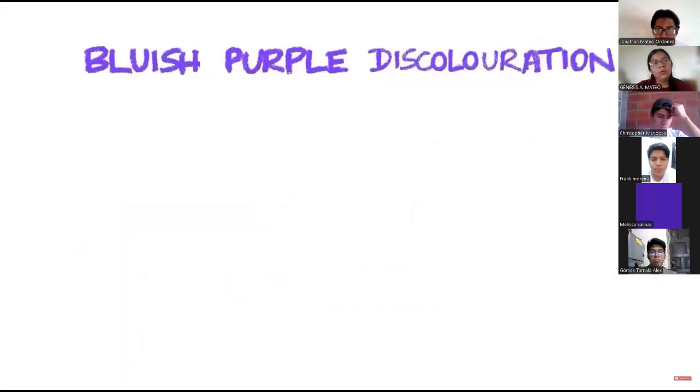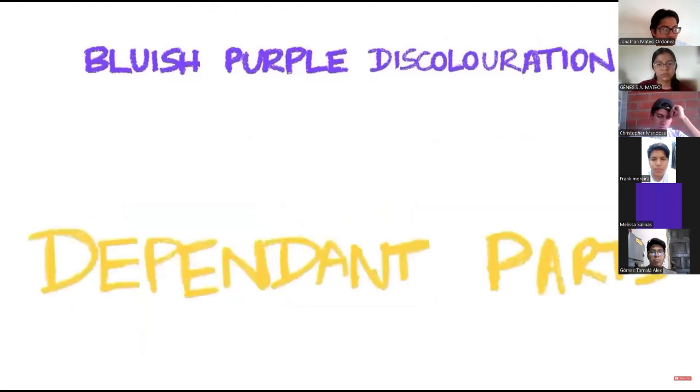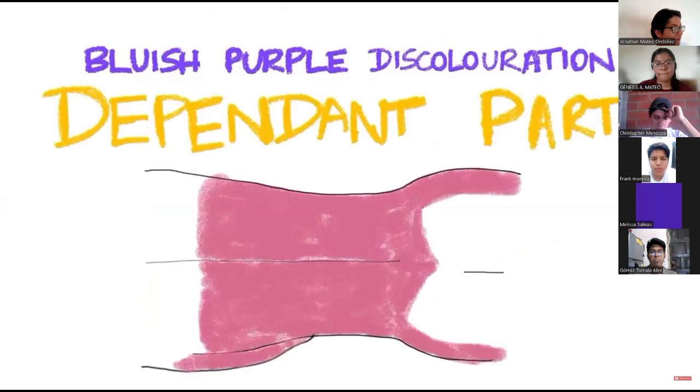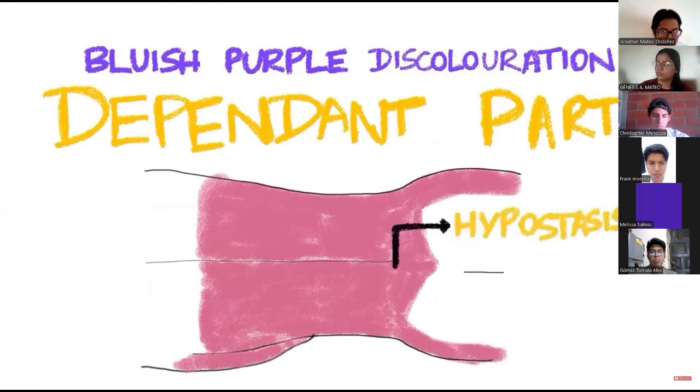So this is a bluish purple discoloration which happens to the body, usually in the dependent parts. Let us consider this person died in supine position, which means his back was on the ground. So here you can see that there is hypostasis or postmortem staining of blood because of pooling of blood in the dependent parts of the body, which is the back of this person.